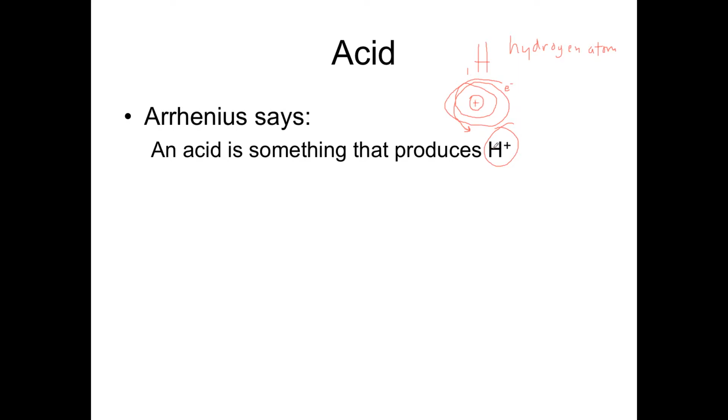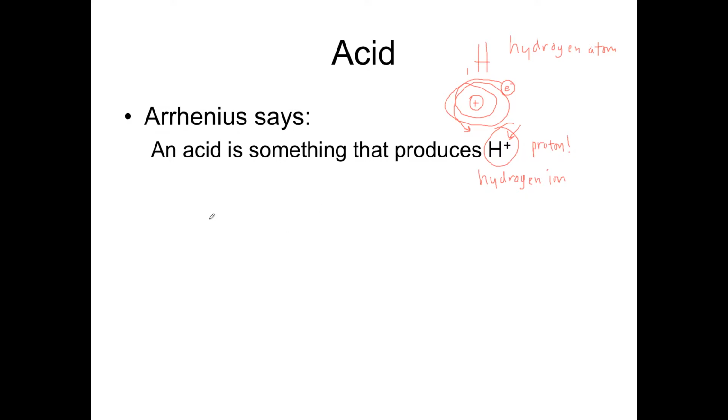And so an H+ is really just a free nucleus, because it only has one electron. If we lose that electron and get an H+, then this is really just a proton. But it's a hydrogen ion. So an acid is something that produces a hydrogen ion or a proton.